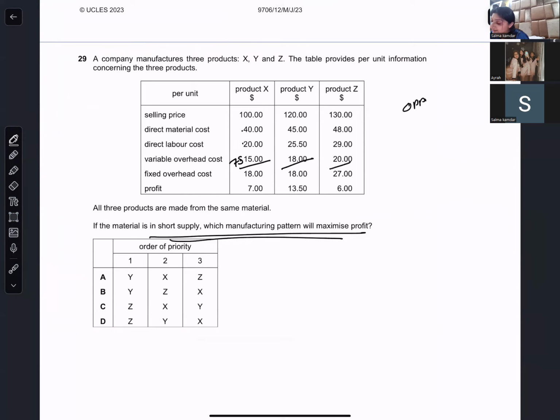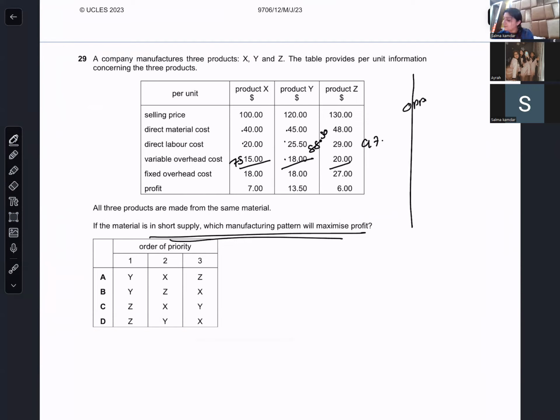For the third, what is the variable cost? 48 plus 29 plus 20 is 97. So 130 minus 97 is 33.